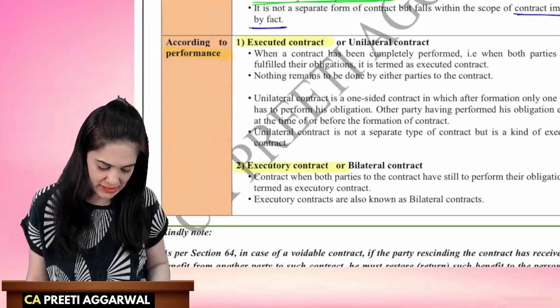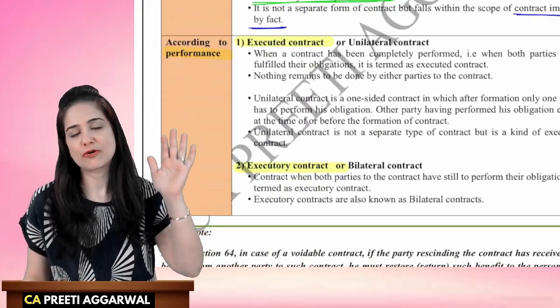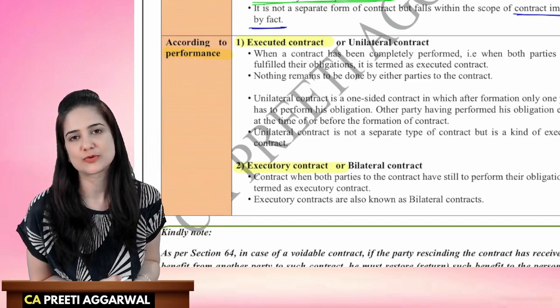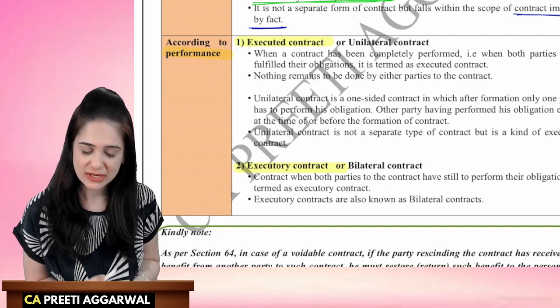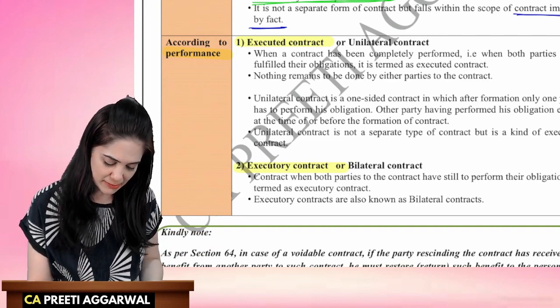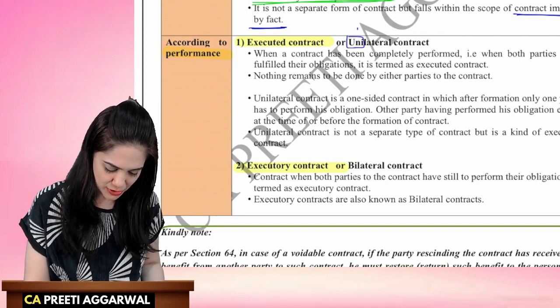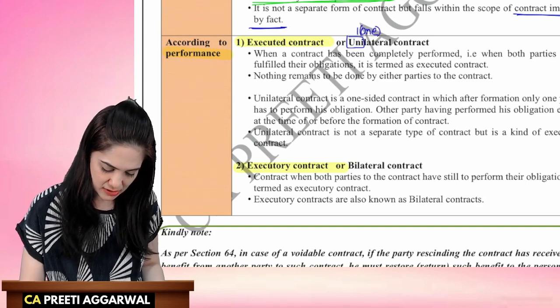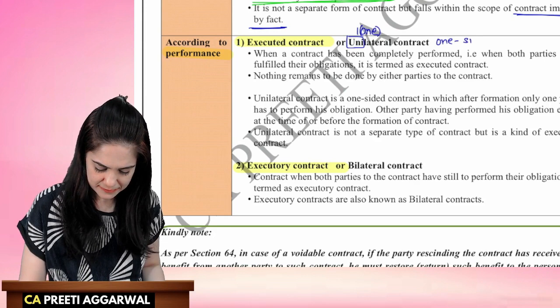Lastly, what is an executed contract, also known as unilateral contract, and an executory contract, also known as bilateral contract? Now, what is the meaning of uni? Uni means one. So this is a one-sided contract.